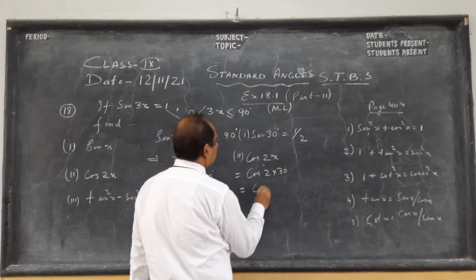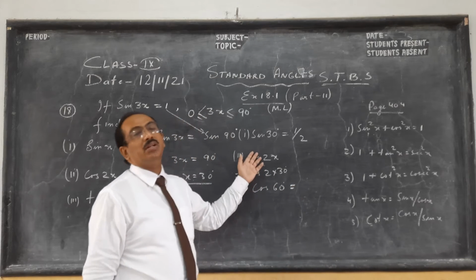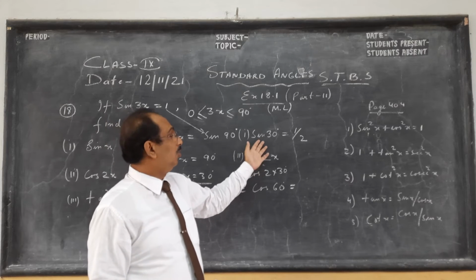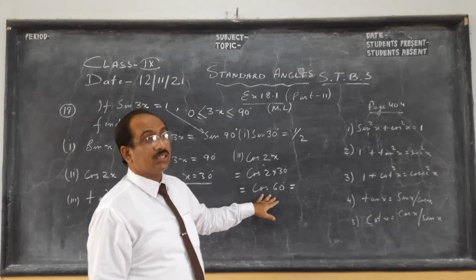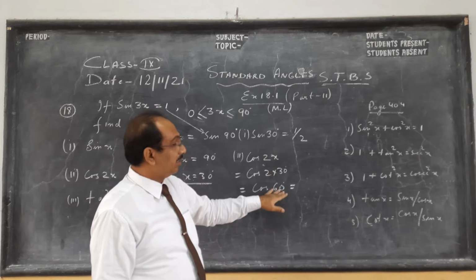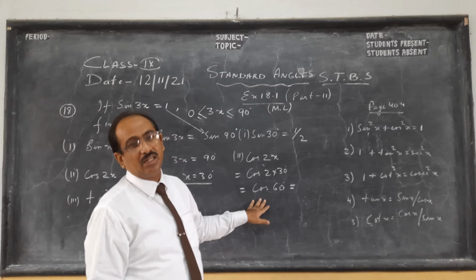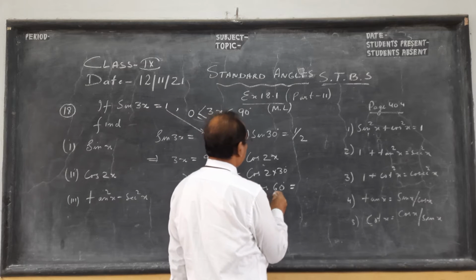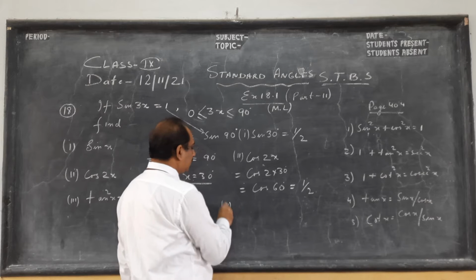Cos 60 is also half, children, because of complementary angles. That's why I taught you earlier in my 4th and 5th video that if sine and cos angles are complementary, then their values are equal, like sine 10 is cos 80. So cos 60 is also half.